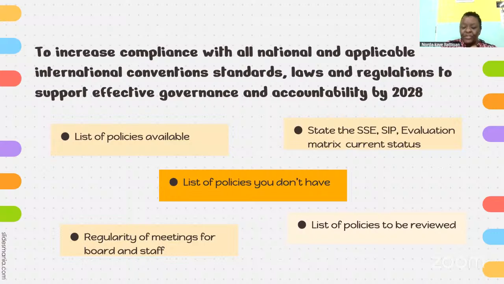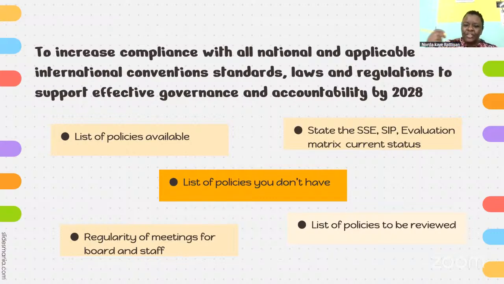And strategic objective number 10 looks at mostly policy development and to ensure that you are working within the parameters of international conventions, laws, and regulations that support the governance of your administration and accountability where you work.